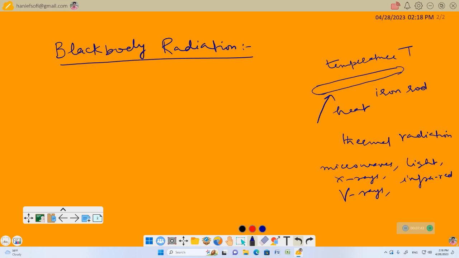But it's not emitting only one kind of wave, it is emitting electromagnetic waves of different frequencies. At some frequency, the energy radiated is maximum, at some other frequency, the energy radiated is small. Now, this phenomenon is called thermal radiation. All objects radiate this electromagnetic energy due to temperature.